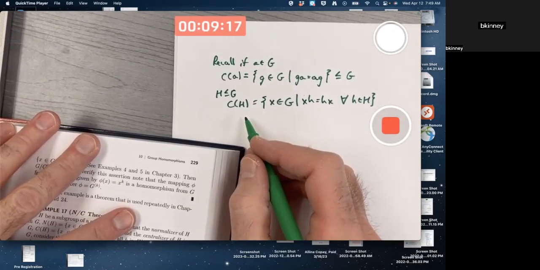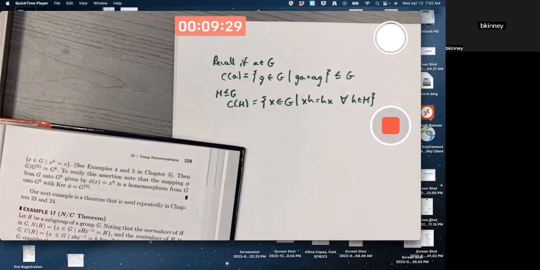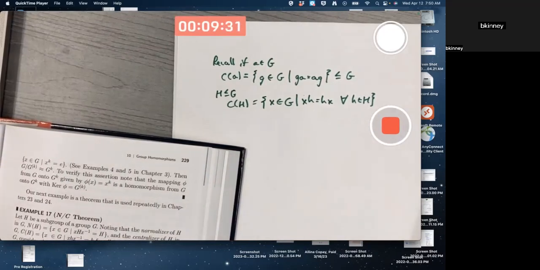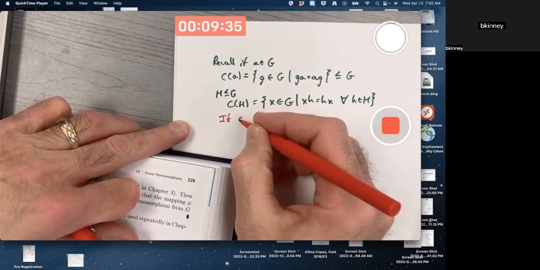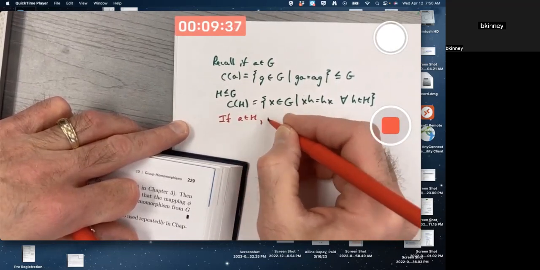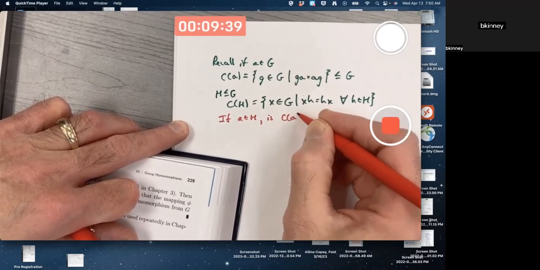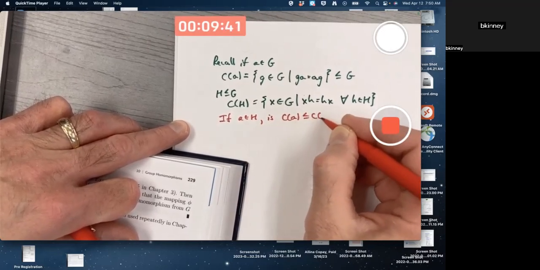If you had an element of H, would the centralizer of that element be a subgroup of the centralizer of H? Or would it be the other way around? You might wonder things like that before trying to read further. You could ask that question: if A is in H, is the centralizer of A a subgroup of the centralizer of H?